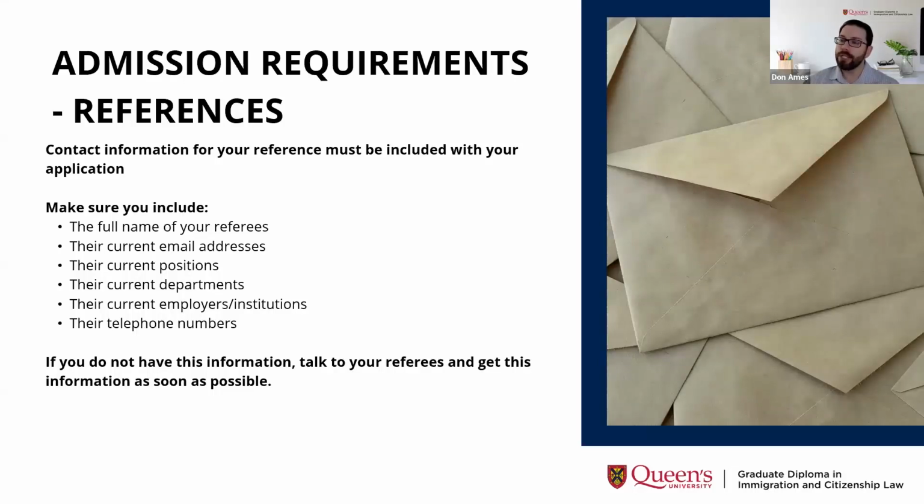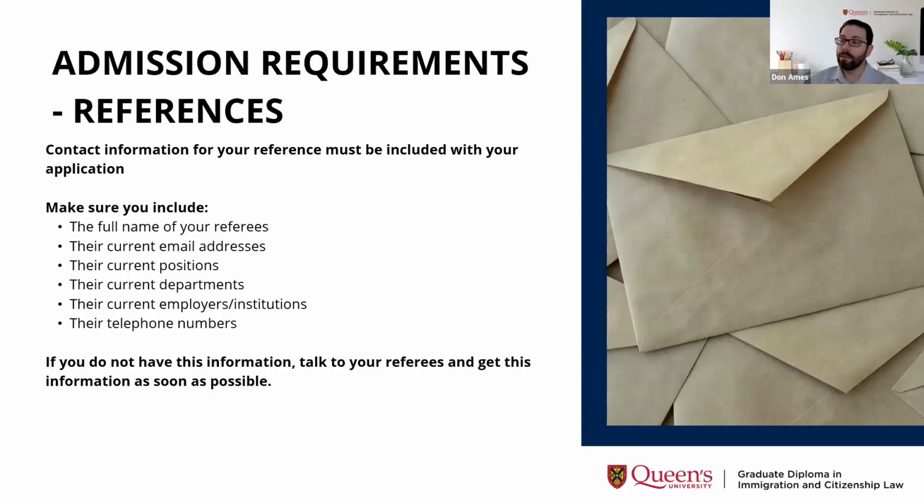So the application is housed within the School of Graduate Studies Postdoctoral Affairs office, and you apply via their system, and you enter in the contact information for both of your referees. You provide their full names, email addresses, preferably their business addresses, their current positions, their current departments, their current employers or institutions, as well as their telephone numbers.